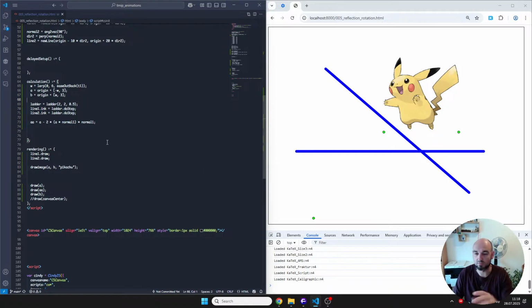Oh, the origin. Of course, the origin in CindyJS is somewhere around here, so that's why it's like that, right? So we have to normalize everything. So A is the position. Do I have to subtract the origin from everything?